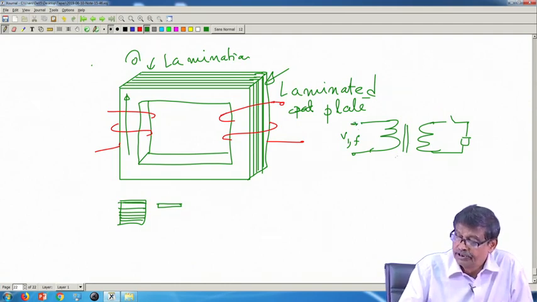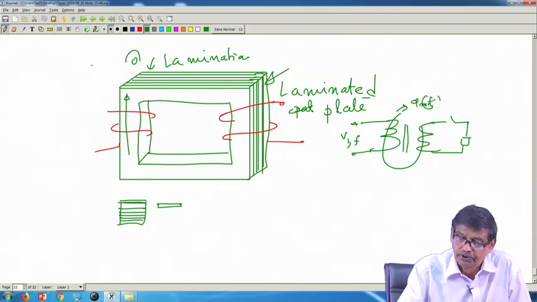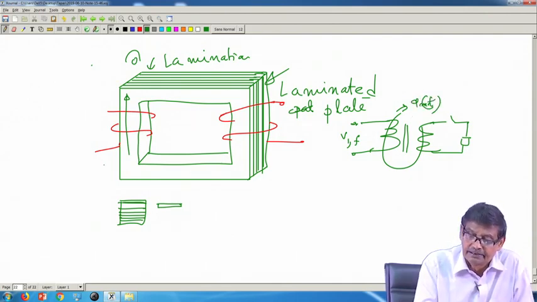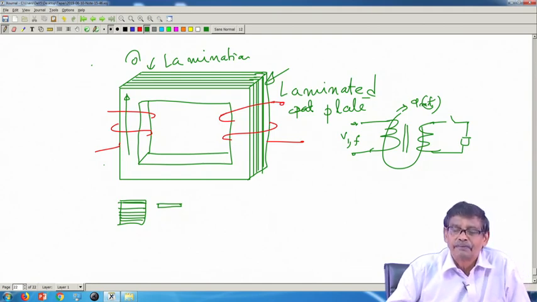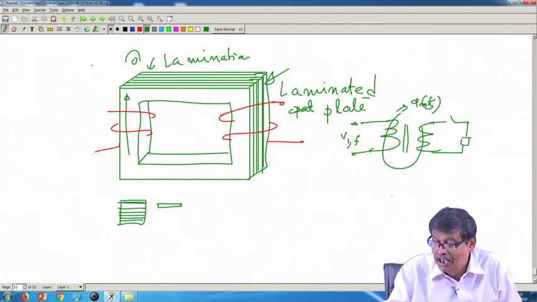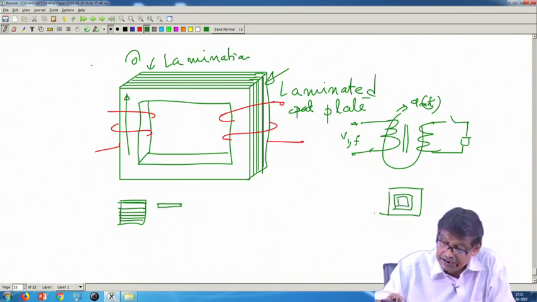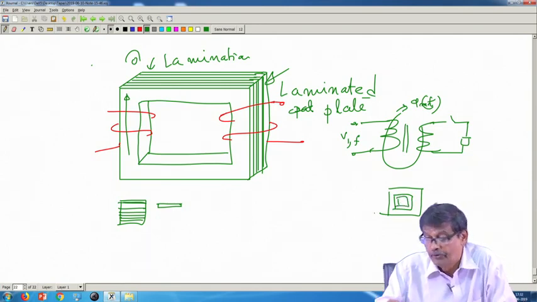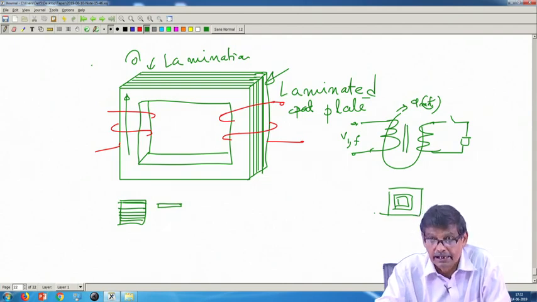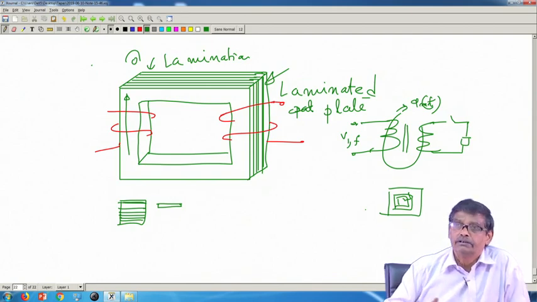Now, when you close it, alternating phi t is produced, which is flowing like this, and there are eddy current losses. You can also think, I have applied the voltage, and in the core there were turns existing, they had induced voltage in the same way as your secondary coil had induced voltage, and they were driving current. You can also think like that.